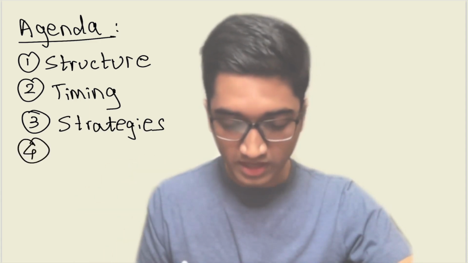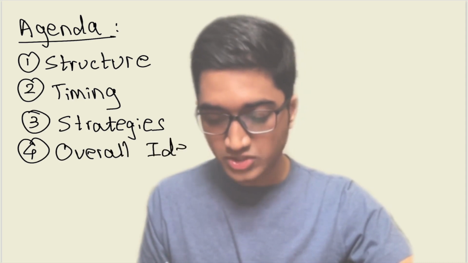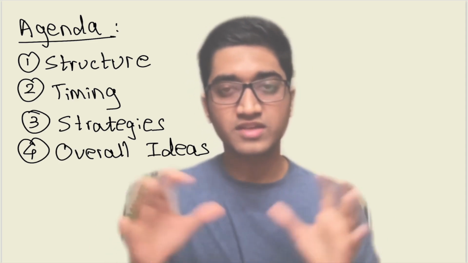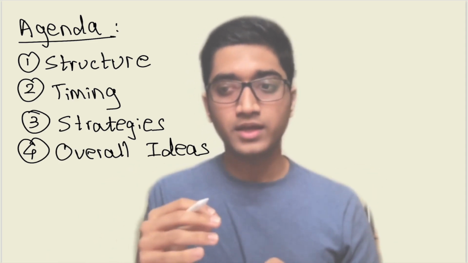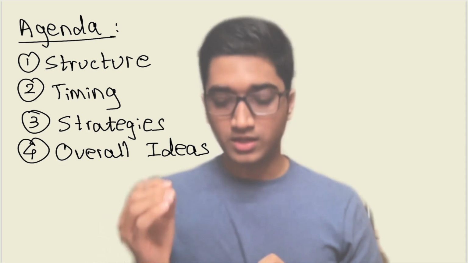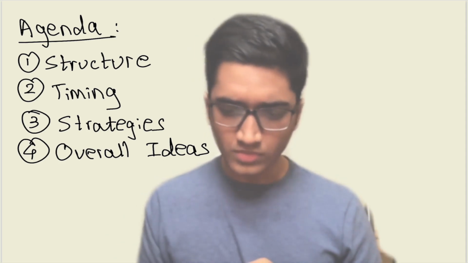And the fourth thing I have is overall ideas. So overall ideas majorly contains the philosophy which I have in mind for just giving exams in general, but also giving exams within CS 124 specifically, and just other fundamental thoughts I wanted to get across. So with that out of the way, let's begin.